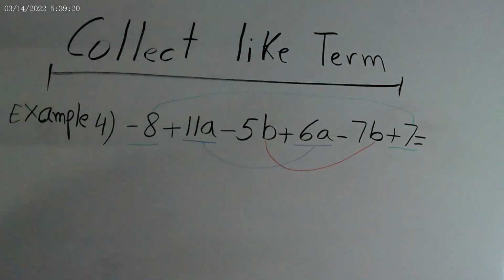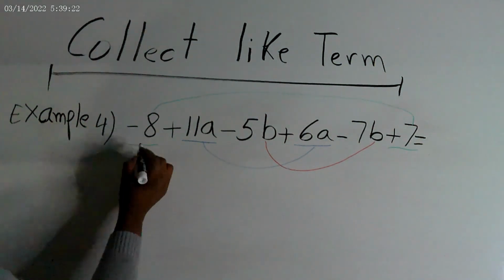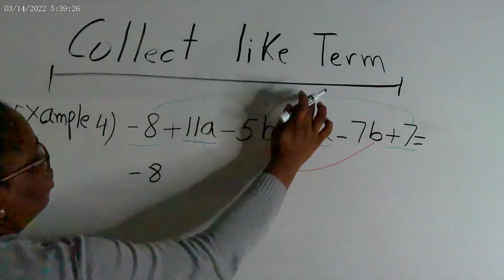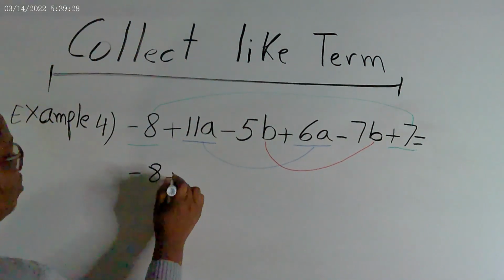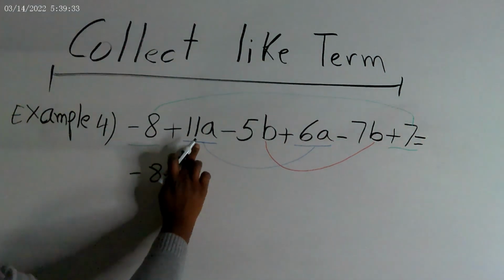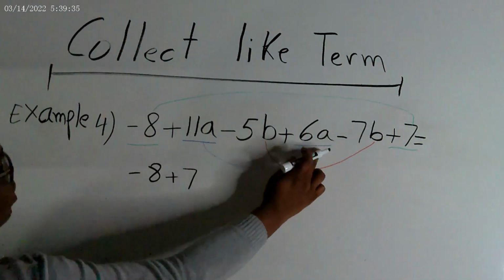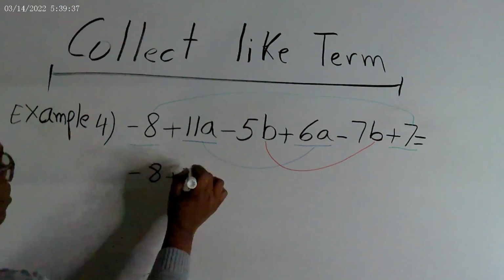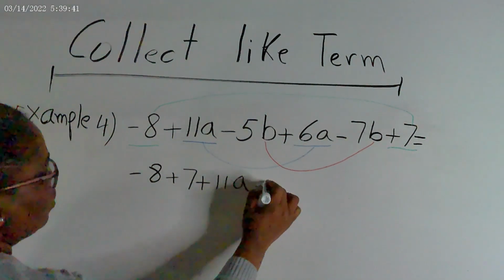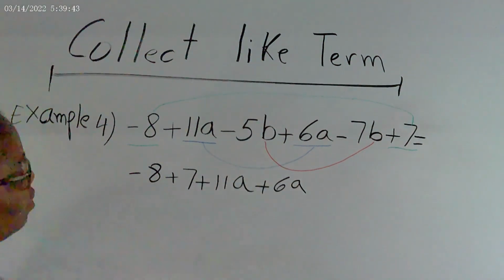Let's start. So you have minus 8 going with plus 7, constant with constant, and then 11a and 6a. You have this sum, plus 11a plus 6a.